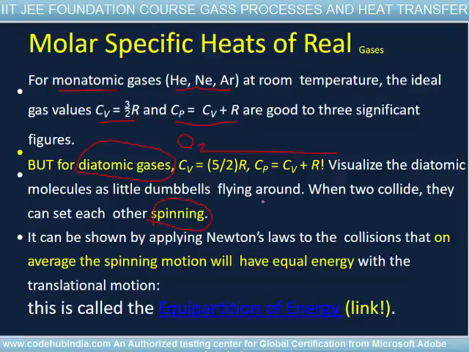They are spinning like this, and also spinning on this axis. So you can show, applying Newton's law of collision, that the average spinning motion will be equal to that of the equipartition energy.